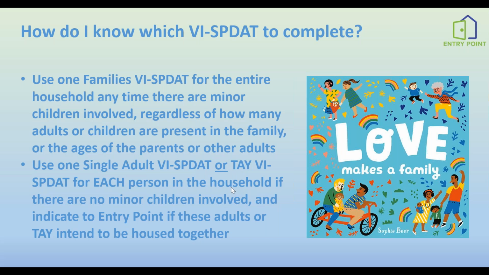Because the 24-year-old is a transition age youth, you're going to use the TAY VI SPDAT for that person. So one for each person in the household according to their age, and then indicate to the entry point lead team if those folks are a household and intend to be housed together.